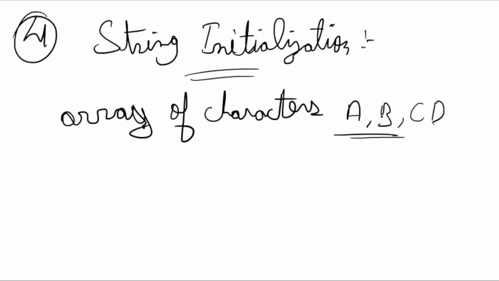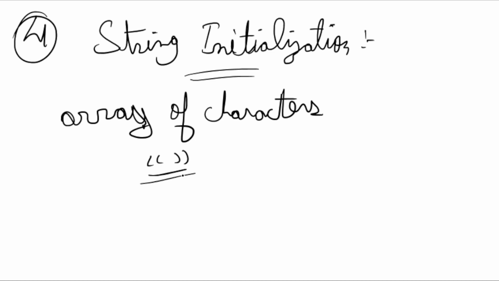I'm showing you this as an example only. An array of characters will be initialized using double quotes. Try to understand, only using double quotes it will get initialized. In integer part we don't have to initialize using double quotes, in integers or float, but in character form we have to give the double quotes as well.